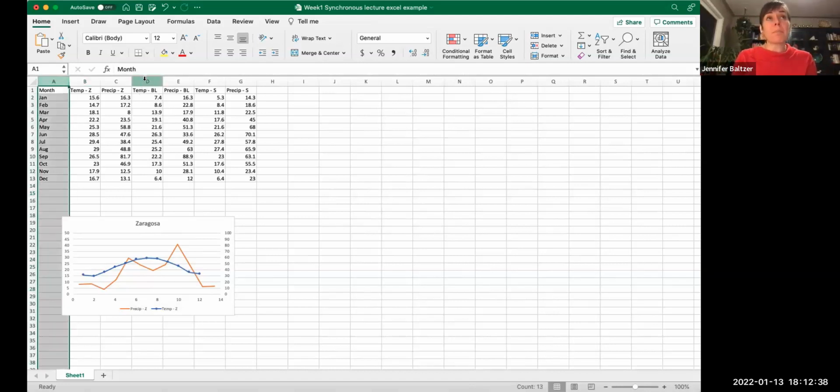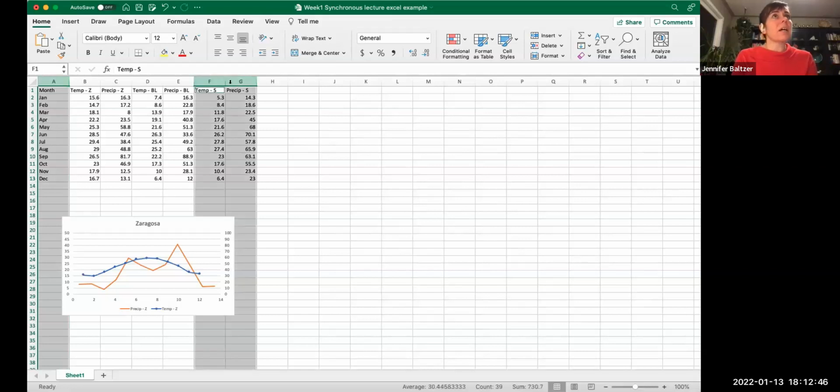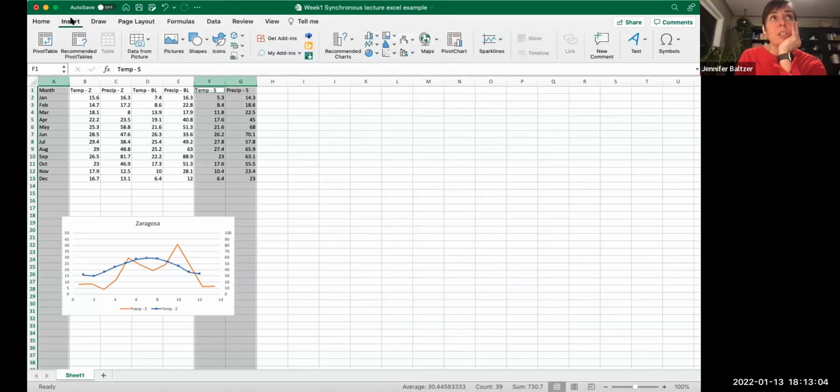So let's plot up another one. Let's do, I remember the name of this, so we'll do this one, whatever S stands for. And so you highlight all three columns of data. Because we want to make a graph that has two axes, we're going to go up here, and I'm using a Mac. So this may be a little bit different for PCs, but it shouldn't be too much different. Excel is Excel.